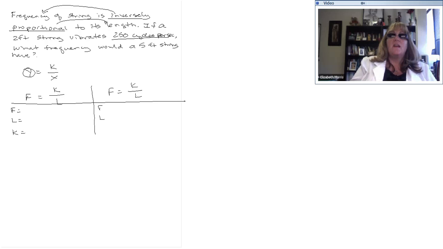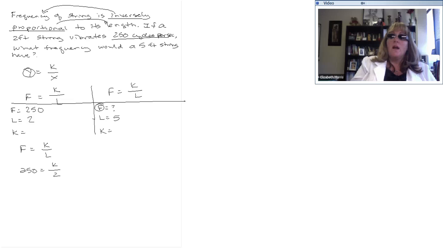All right, what does it say? If a 2-foot string length vibrates 250 cycles, what would it vibrate if it was 5 foot long? So we are solving for this. Now, I can find my constant using F equals K over L, because I know F is 250. I don't know K, but I know L is 2.